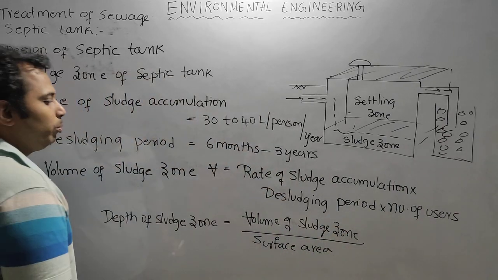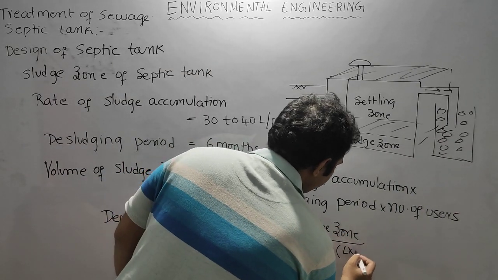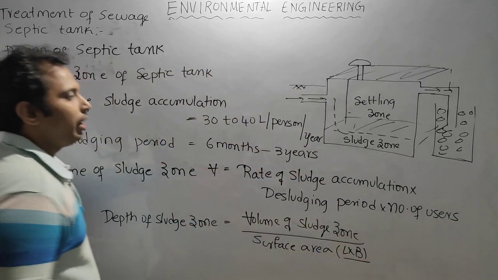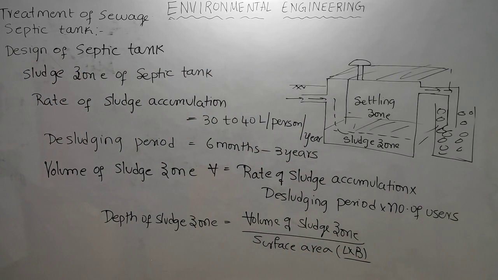Surface area means L into B, which we have already found for the settling zone. Okay. So likewise, generally we design the septic tank.